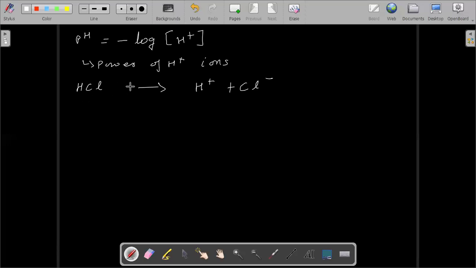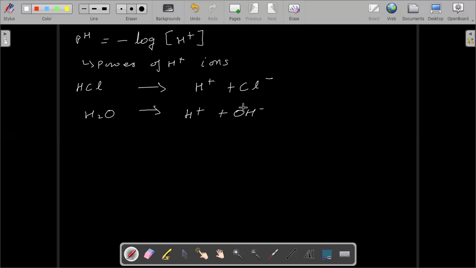When this happens in presence of water, HCl provides H plus ions and chloride ions, and water also dissociates. H2O dissociates to give H plus and hydroxide ions.